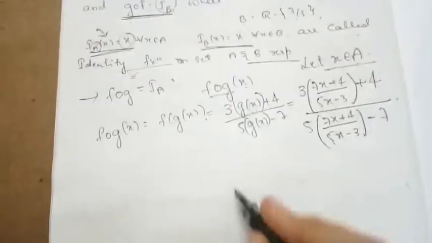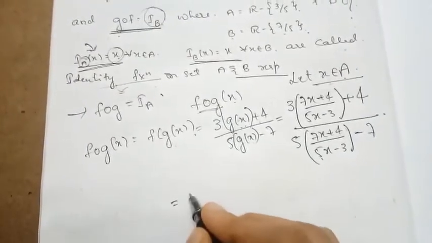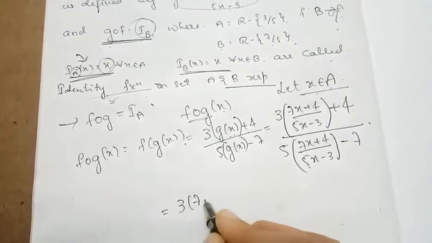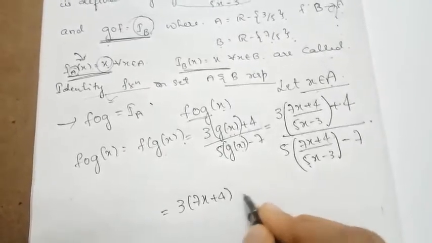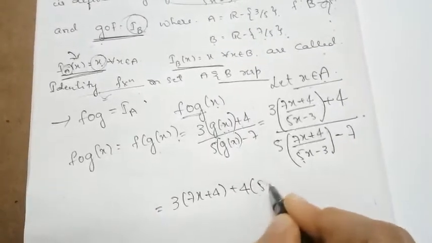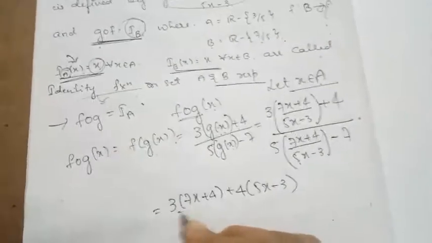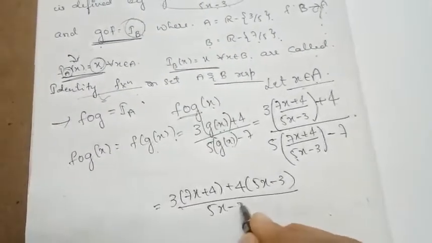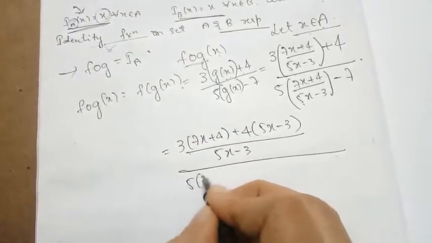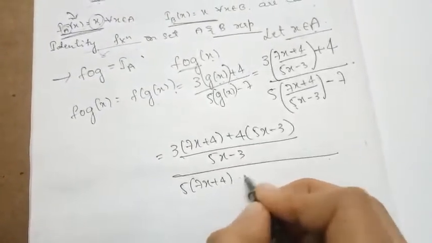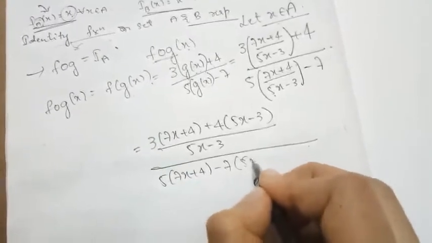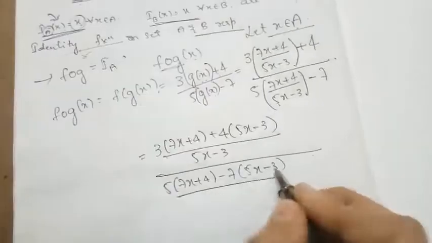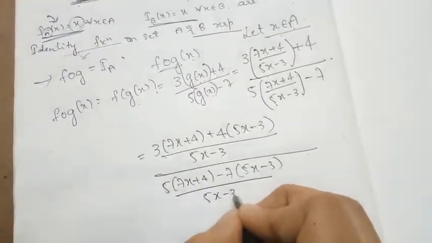Now how are we going to solve that? 3 of 7x plus 4 plus 4 of 5x minus 3. I took the LCM, so 5x minus 3 goes to the numerator. In the denominator, 5 of 7x plus 4 minus 7 of 5x minus 3, divided by 5x minus 3, where this gets cancelled.